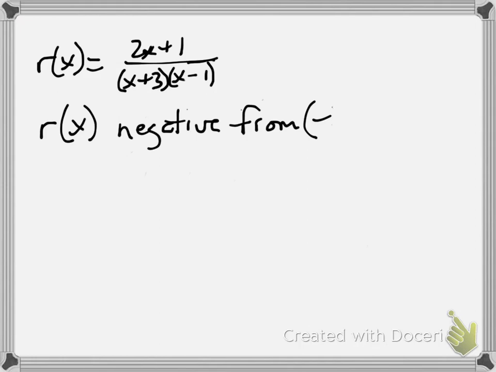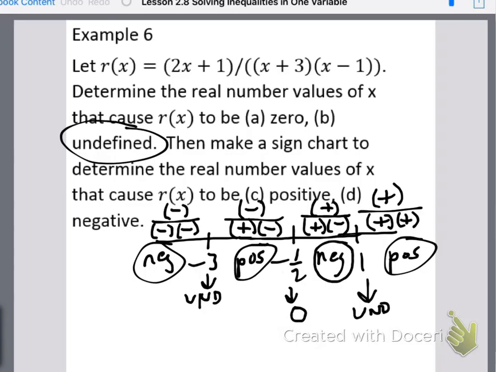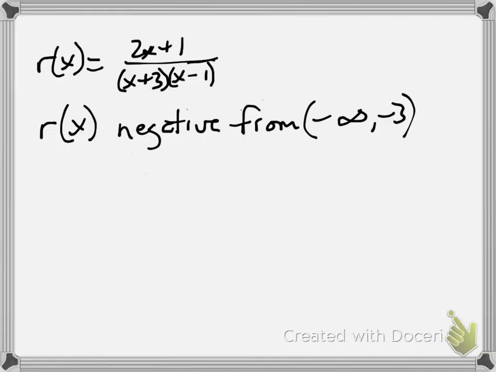I did that today. Put the smaller number first. There we go. From -infinity to -3, the function's negative. And then it's also negative from -1/2 to 1, union -1/2 to 1.